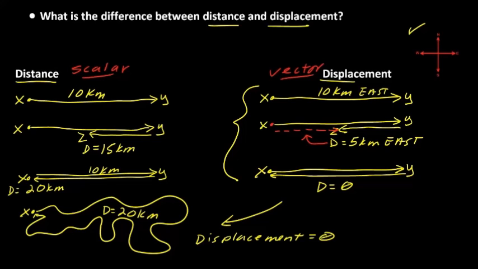And in the third situation down here, because you came all the way back to your original starting point, your origin, you are displaced 0 kilometers from your origin. And that is the difference between distance and displacement.